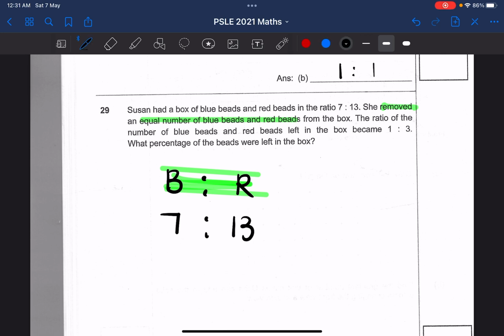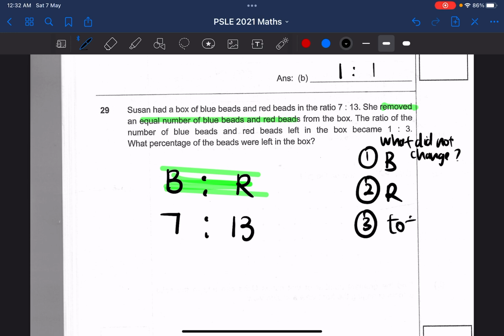Okay, comes to ratio, remember I asked a few questions. What did not change? Did the blue beads change? It did, right? Because it decreased after you taken out. Did the red bead change? Yeah, it did because you took out the red one.